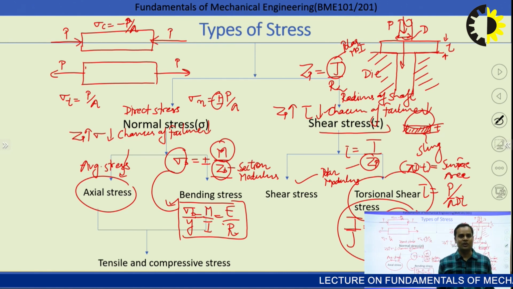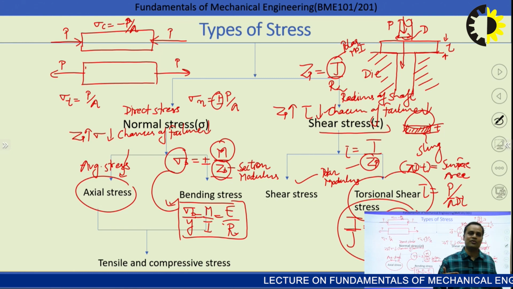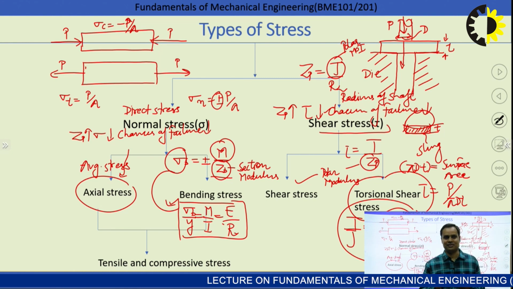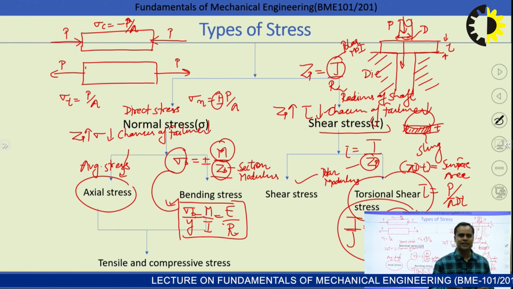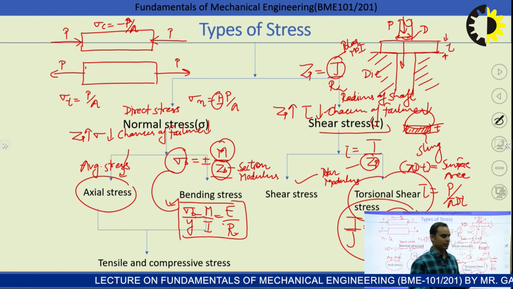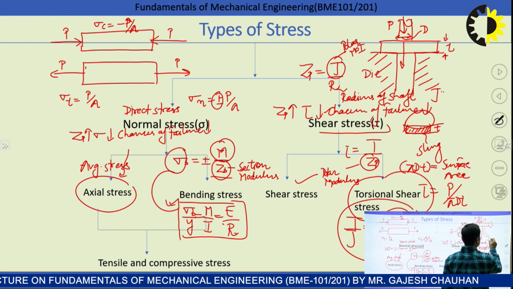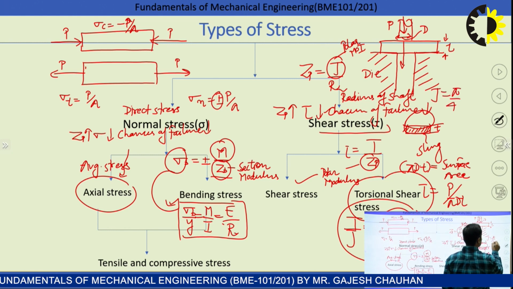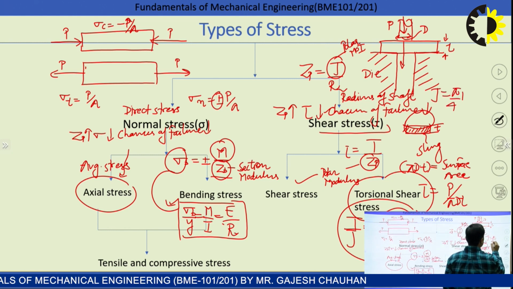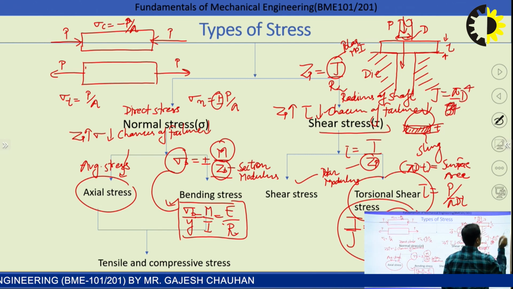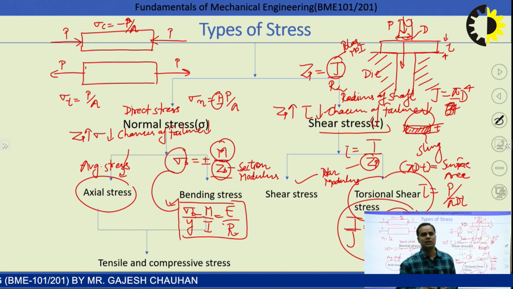The larger the value of polar moment of inertia, the chances of failure of the shaft are less. And J can be simply calculated. It is a mathematical term, I hope everyone knows. For a circular shaft, the value of J we can write as pi by 4, or you can say pi by 64 into d to the power 4.